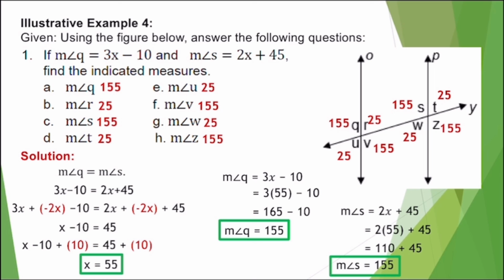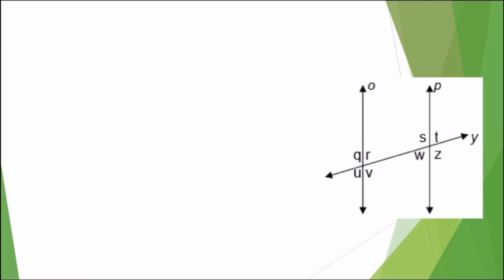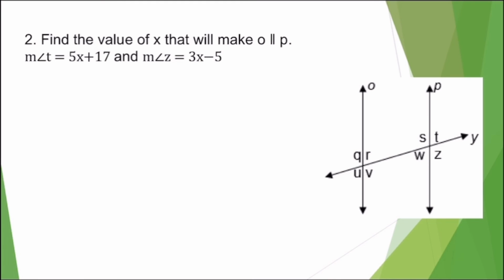That is our first question for our fourth example. Now, given the same figure, another example: let's find the value of x that will make line O parallel to line P. The degree measure of angle T is equal to 5x plus 17, and the degree measure of angle Z is equal to 3x minus 5.